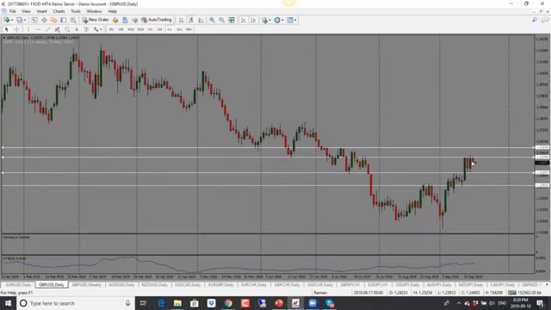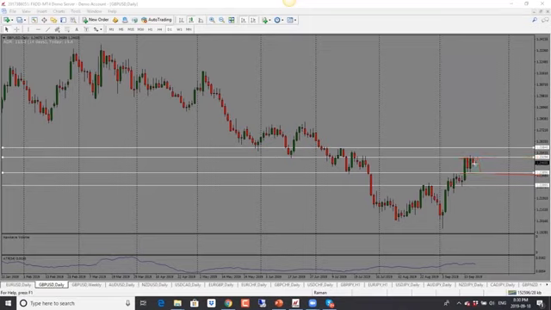Pound dollar here, we've had a small candle close. It is bearish at this point, but it's still holding this uptrend, so I would be cautious with this one. Price has been trading in a range, so watch out for that. What I would look for is price to move back towards the bottom of the range. As long as it stays below 1.2500, I will look for price to drop.